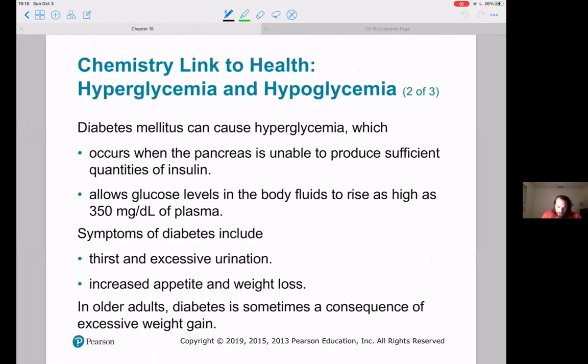So diabetes occurs because your body doesn't regulate its blood sugar concentration. A key player in regulating that concentration is insulin. We're not going to talk about how it does it, but bottom line is insulin is used to regulate your blood sugar levels.